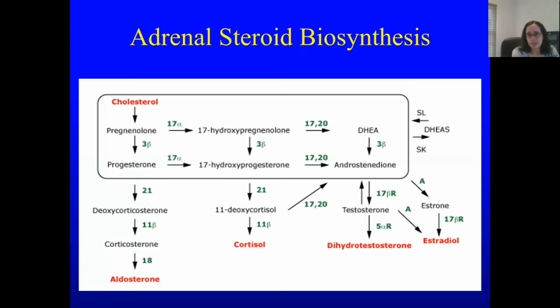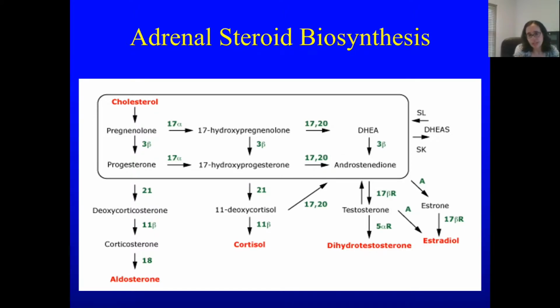So you guys may have heard of the condition congenital adrenal hyperplasia, for example. In classic congenital adrenal hyperplasia, many of them lack either 17-alpha or the 21-alpha hydroxylase. And so if you don't have 21, for example, you can't convert from cholesterol to aldosterone. You can't convert to cortisol because you're missing this enzyme.